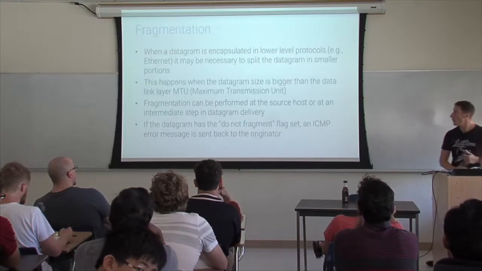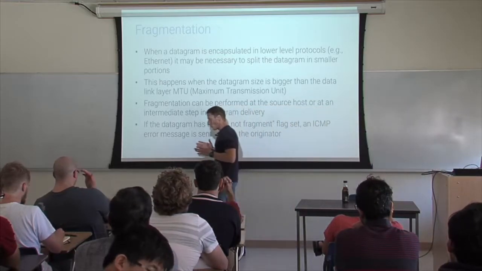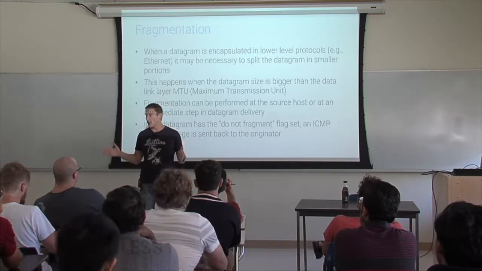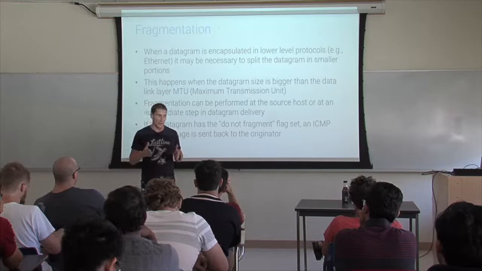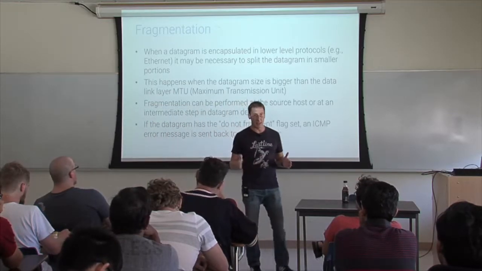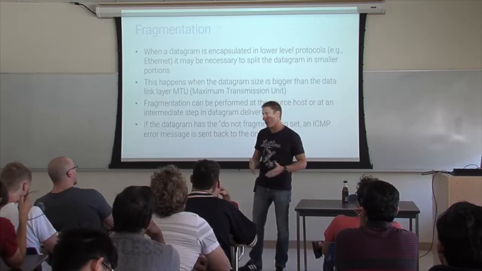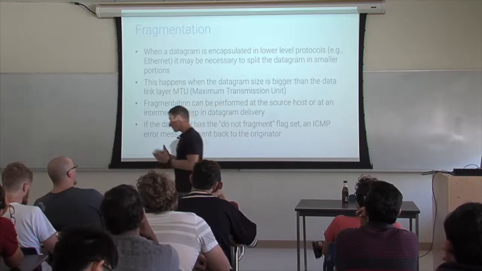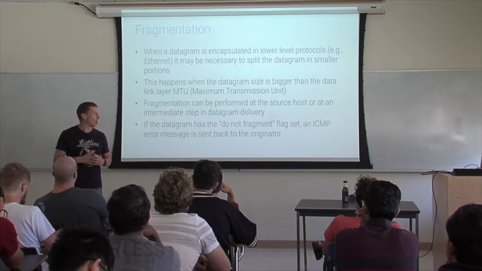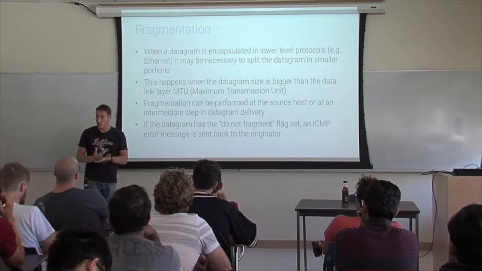Another interesting point in the delivery of IP packets is fragmentation. Fragmentation happens when the datagram that you're trying to send is bigger than the link level maximum transfer unit size. So you want to send a big datagram, but you're sending over Ethernet, and Ethernet has only 1500 bytes as the maximum size of the data, and so you have to break it down into small pieces.